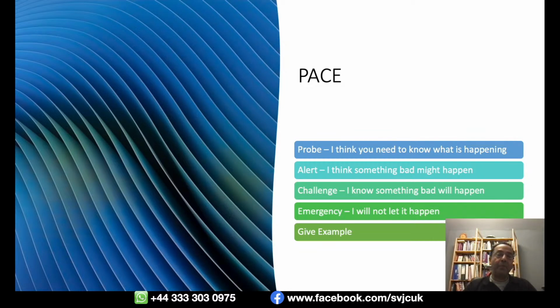The P stands for probe, A stands for alert, C stands for challenge, E stands for emergency. And the example is, if you notice that the blood pressure is dropping on the monitor, you could say, oh, I just noticed that the patient's blood pressure is below, or MAP is below 60. If nothing is happening, then you could say, I think something is going to go badly wrong with this particular patient.